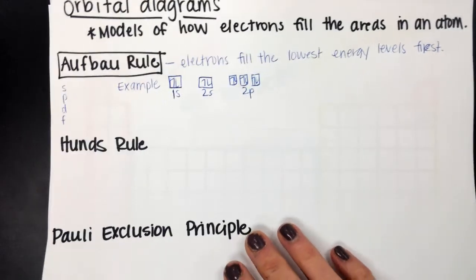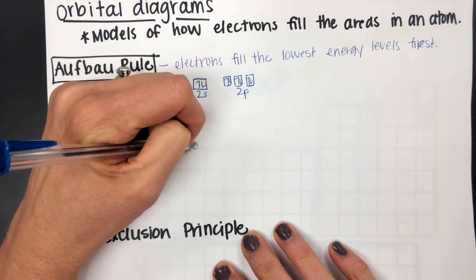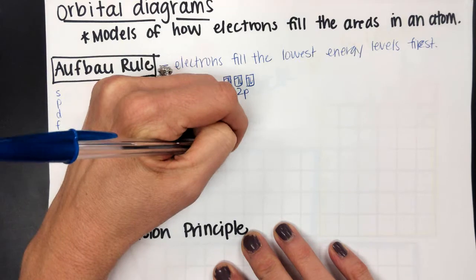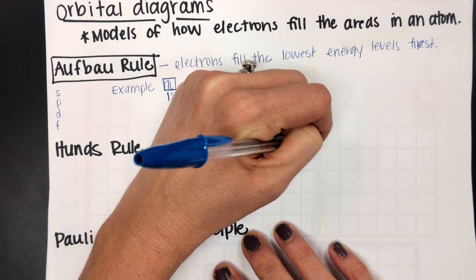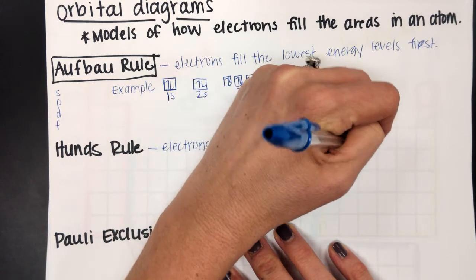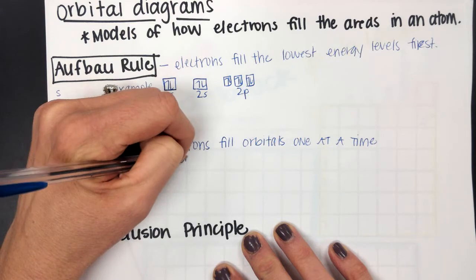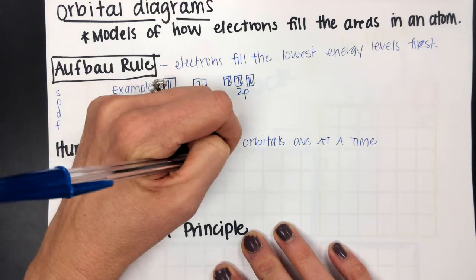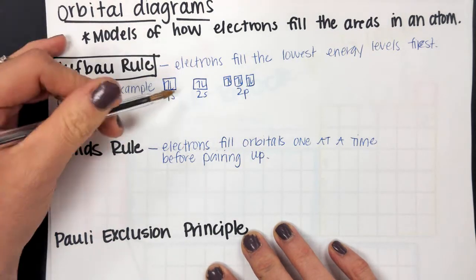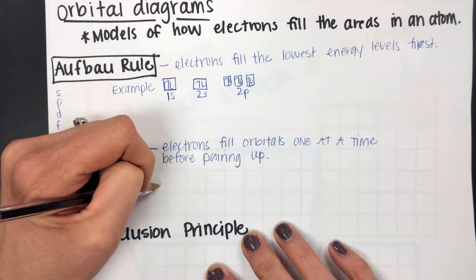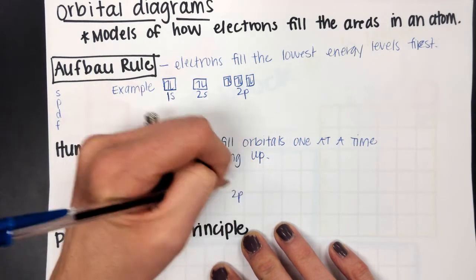Hund's rule states that electrons fill orbitals one at a time before pairing up. Okay, so let's talk about this again, this 1s, 2s, and 2p.